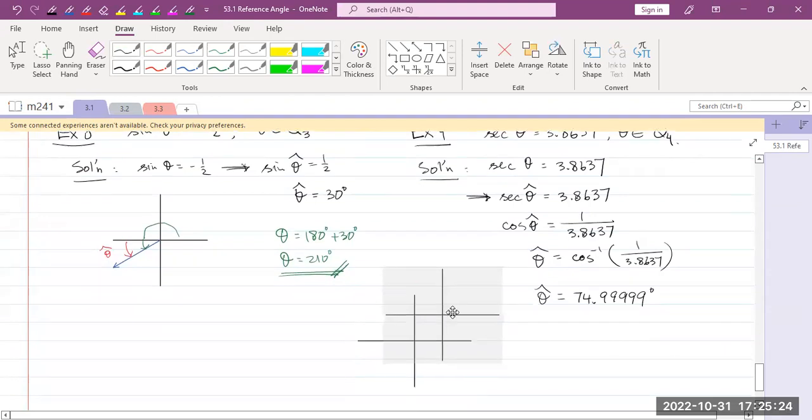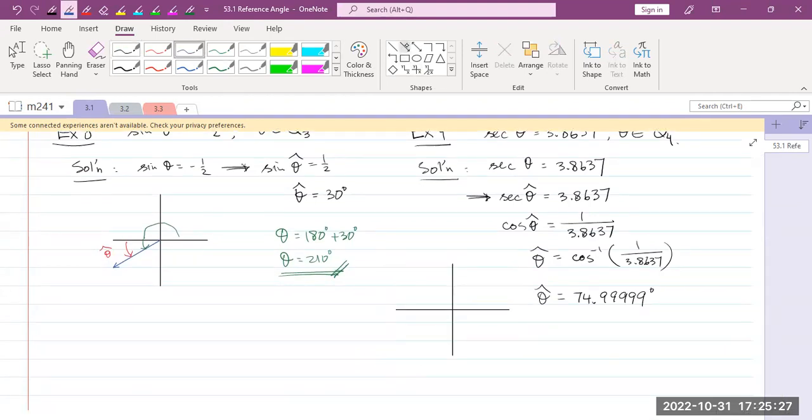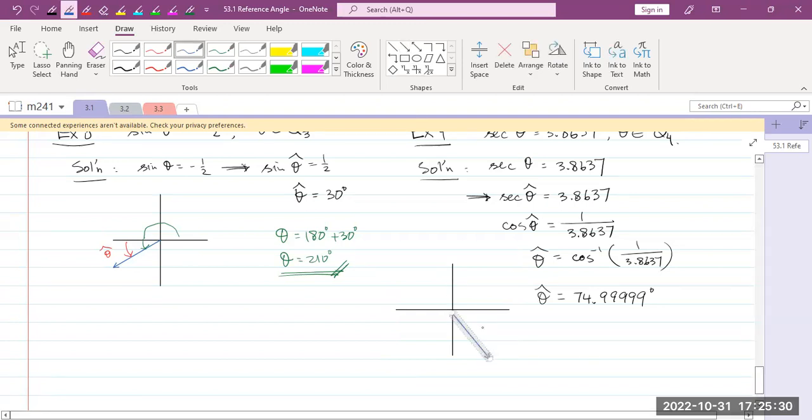Okay, so if this is our coordinate system, and it is in quadrant 4 with reference angle almost 75 degrees, then what will the theta be? 360 degrees minus 74.99999 degrees, that will be 285.00001 degrees.